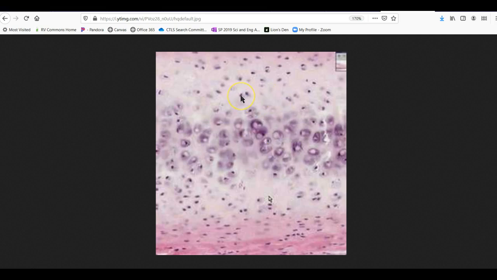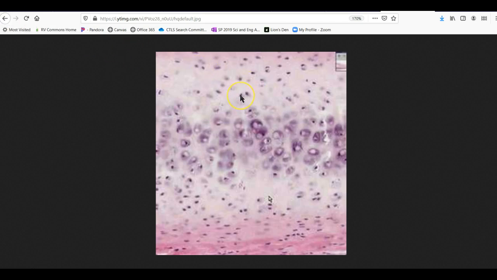That dark thing right there is a nucleus, and that dark thing right there is a nucleus. Everywhere you see one of those little dark things is where there's a cell, and some of these lacunae you can see, some not so much. But it gives you an idea of what the magnification is.